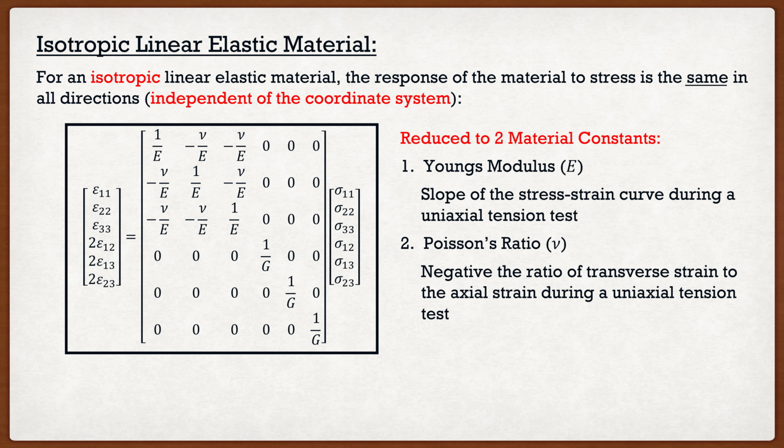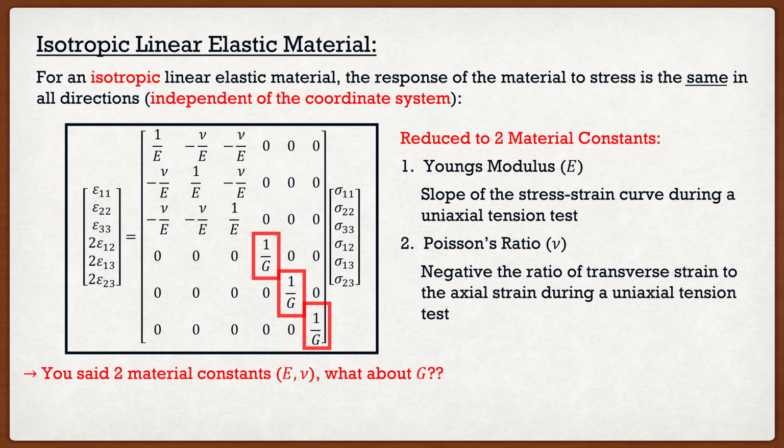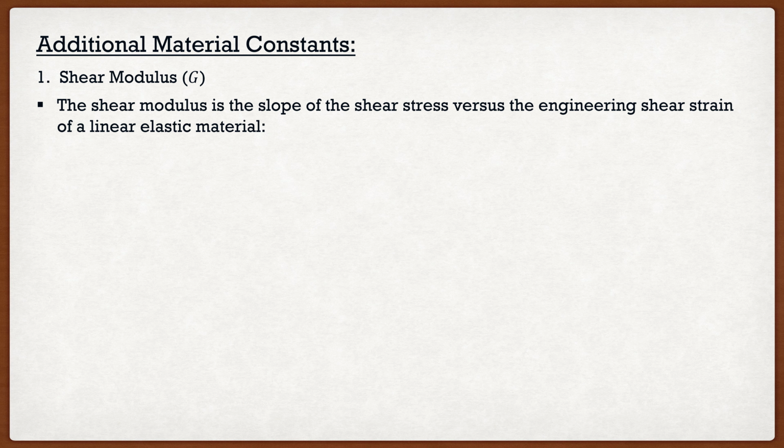Well, some of you may be looking down at the shear components and saying, well, we have a component G, but you said we reduced it to 2 material constants. How do we have a third? Are you forgetting about it? What's going on? Well, G, which is called the shear modulus, is actually a function of the Young's modulus as well as the Poisson's ratio. The shear modulus is the slope of the shear stress versus the engineering shear strain of a linear elastic material.